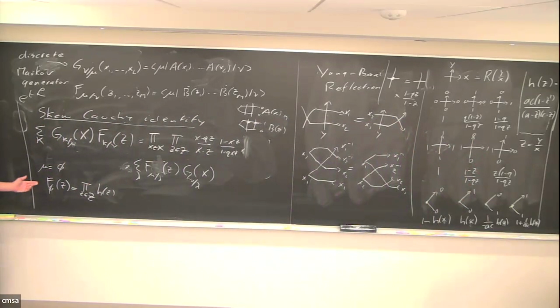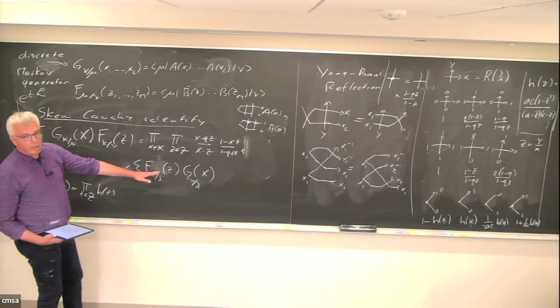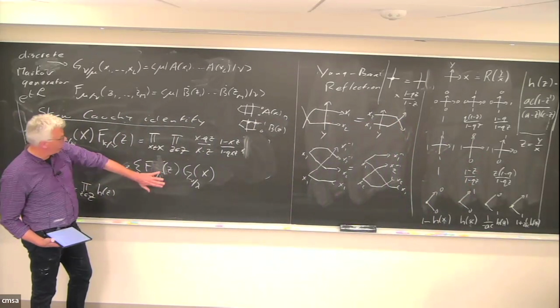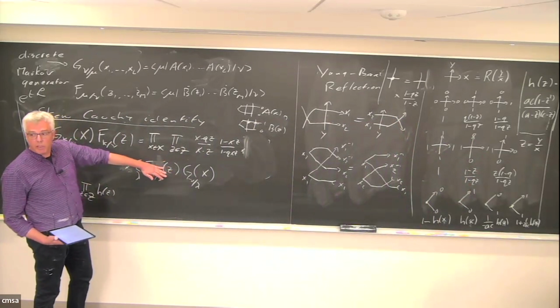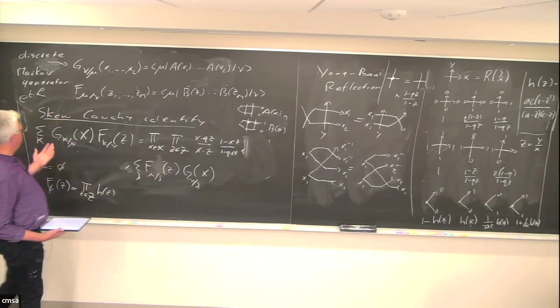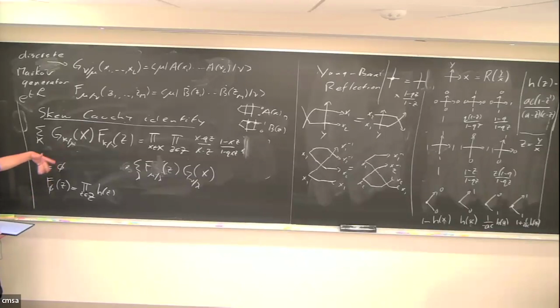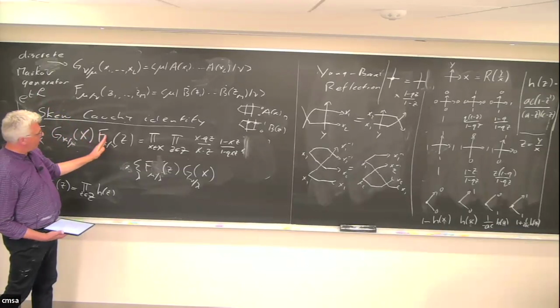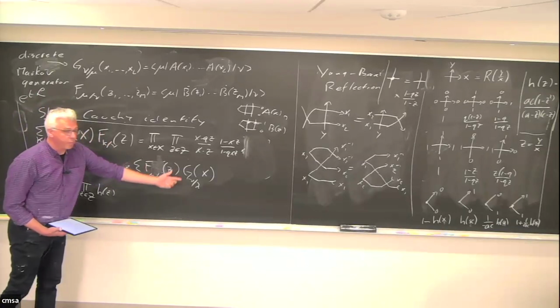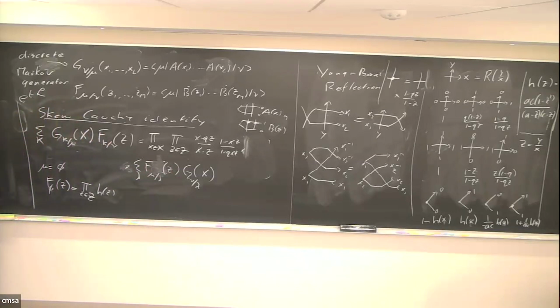So if mu is empty in this relation, the right-hand side simplifies because this whole f is not there, it's just a product over h's. And we just have g of kappa being the transition probability to go from empty to some configuration kappa, times f, which is this product of h's, times g.